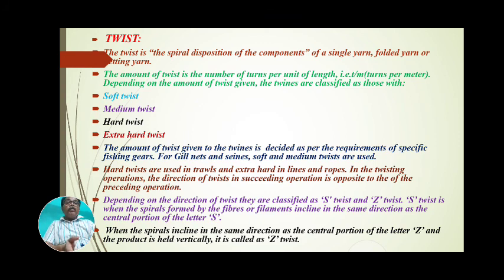Depending upon the amount of twist given, the twines are classified as those with number 1 soft twist, second medium twist, third hard twist, and fourth extra hard twist.